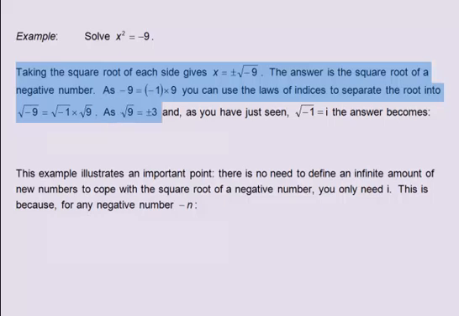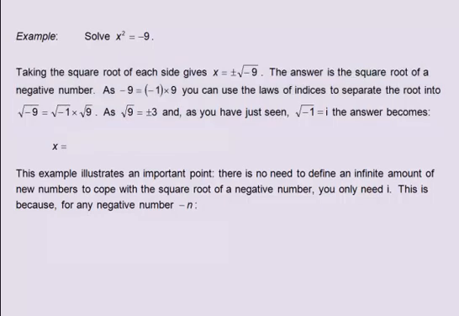As the square root of 9 equals plus or minus 3, and, as you have just seen, the square root of minus 1 equals i, the answer becomes x equals plus or minus the square root of minus 9, which equals plus or minus 3i.